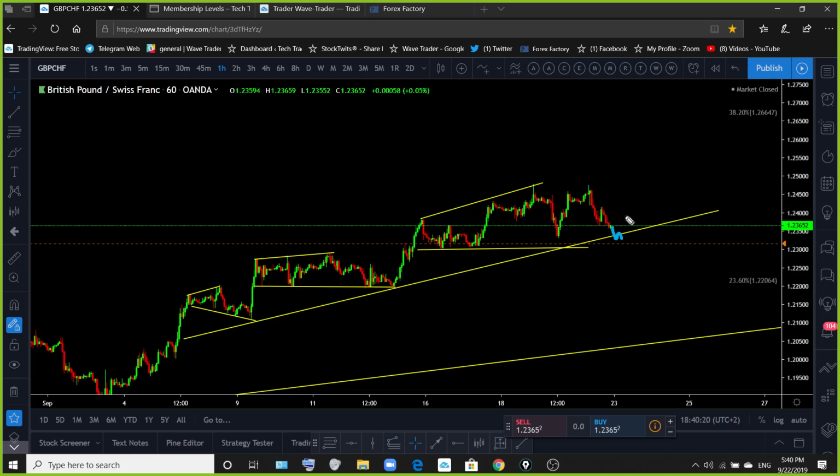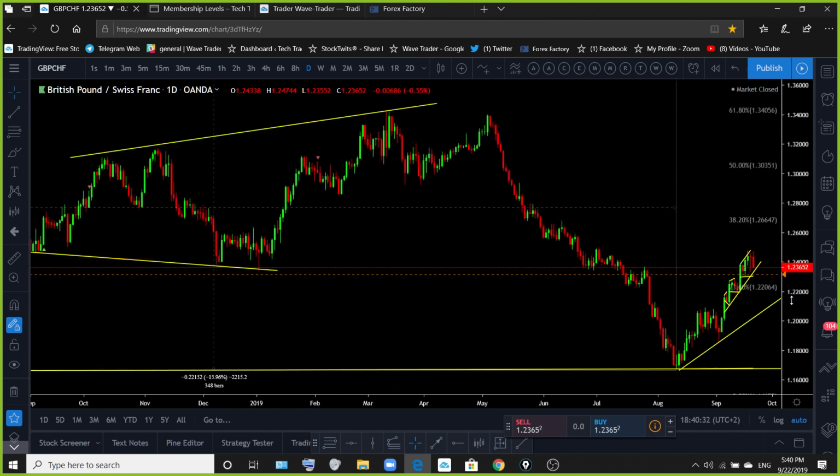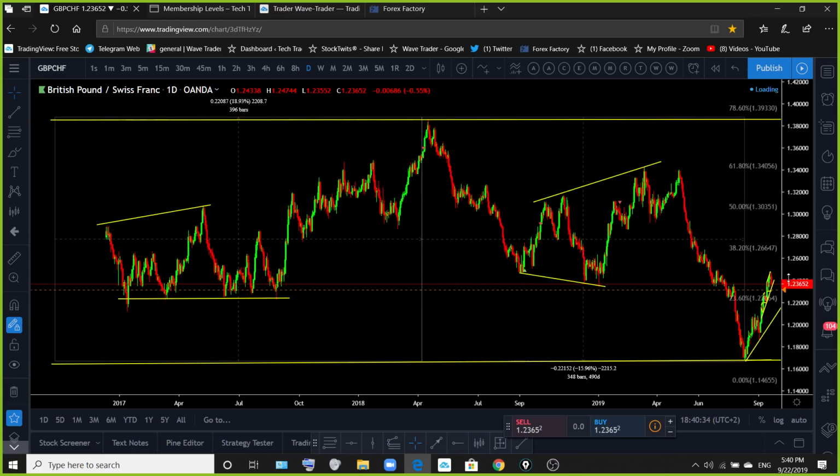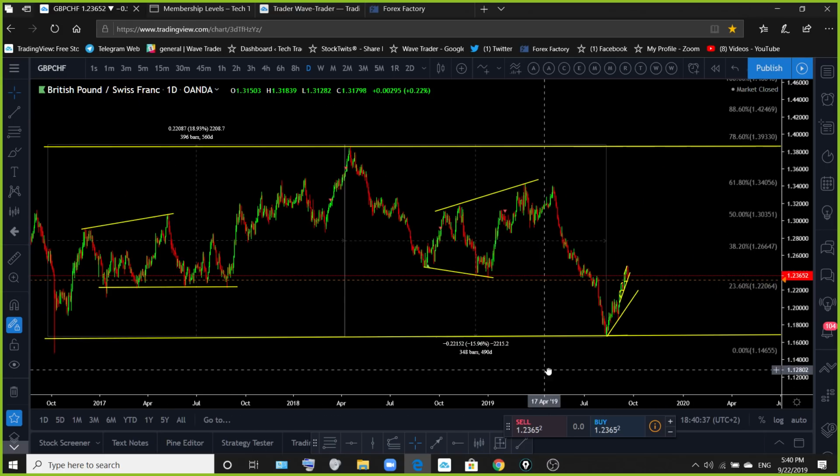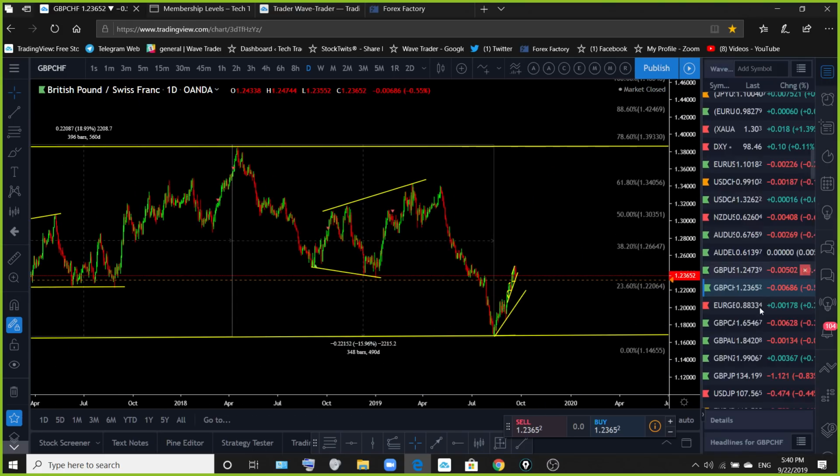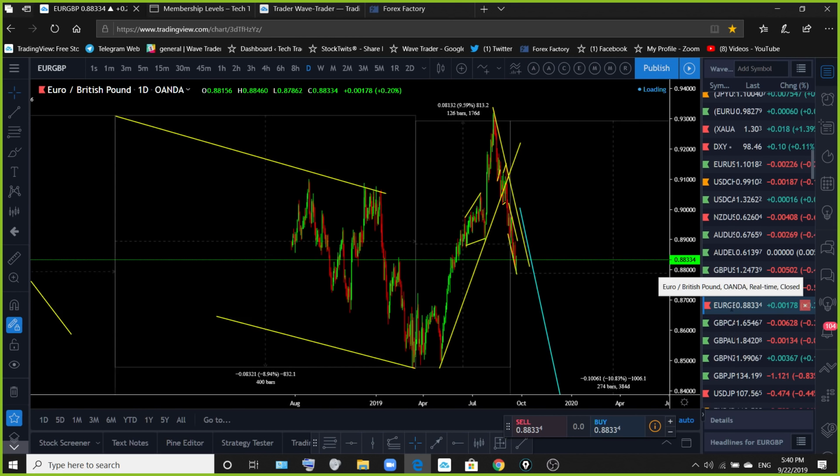When should you be a seller? Strong breakdown, correction, then you should start selling the pound chief back to the bottom. Otherwise pound chief just keeps pushing higher and completes the bigger weekly wave all the way back to that top. Same chart on the euro pound.